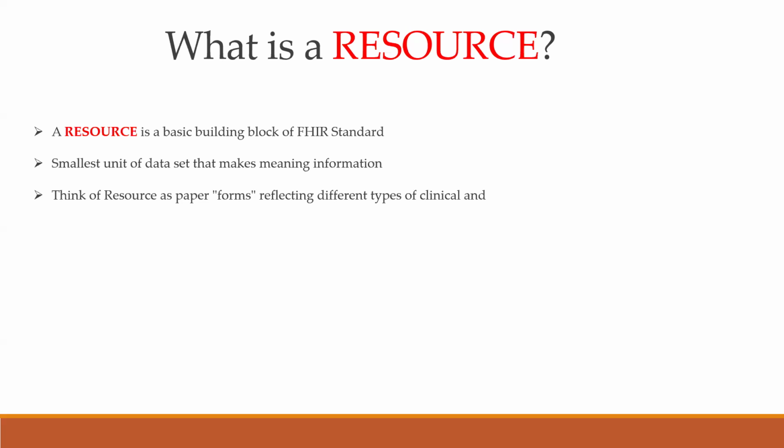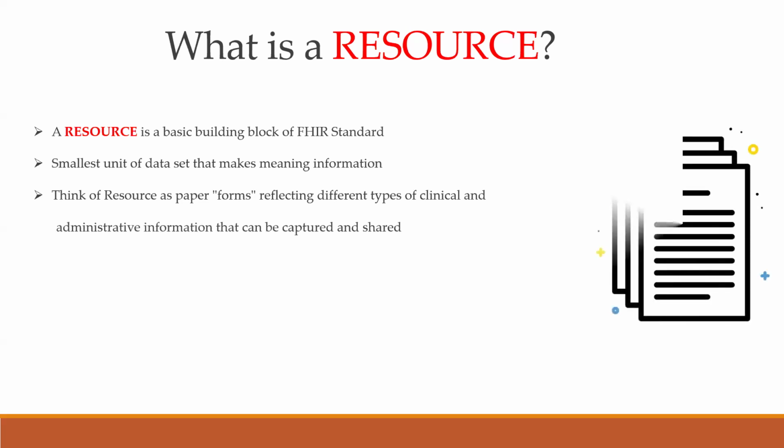You also have a second form which you need to fill up for guarantor information. You also have a third form which you fill up for, let's say, insurance details. So there are three different forms that were given to you. Each of these forms can be considered as a resource. So we are talking about three forms here, which are nothing but three resources.